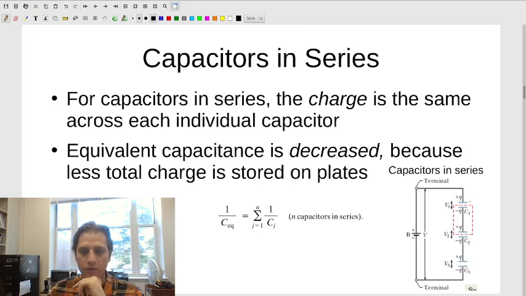So you would be storing more charge if you simply had one of those capacitors in, and the reason ultimately is that these now have to share the voltage from this battery. So instead of each getting, if this was a 12-volt battery, instead of each getting 12 volts like you would get in parallel, in series you're going to split that 12 volts up among the different capacitors.